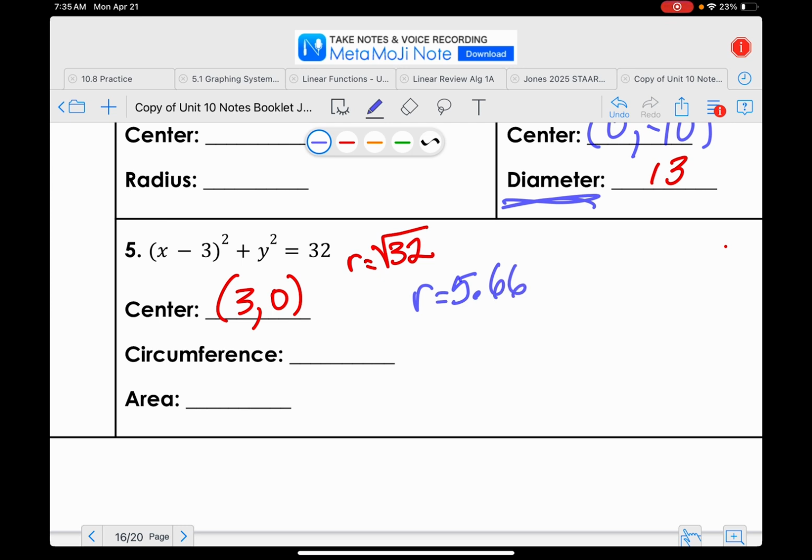So then the circumference is 2 times the radius times pi, and the area is pi r squared. And I'll let you do the math on that. I'm just showing you what you would do.